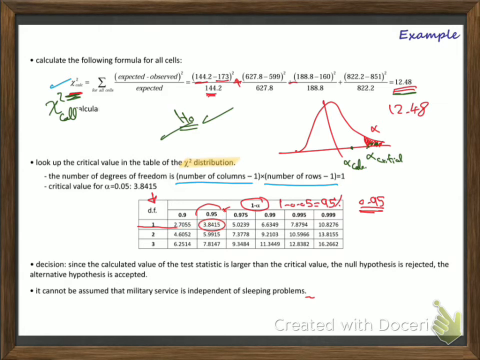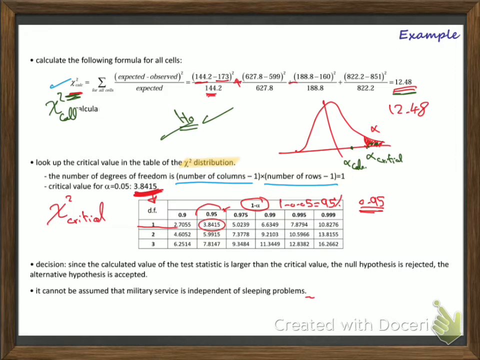This is chi-square critical, not calculated. I assume the critical one is 3.8415.